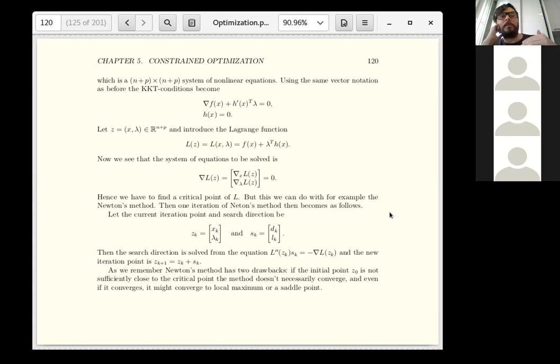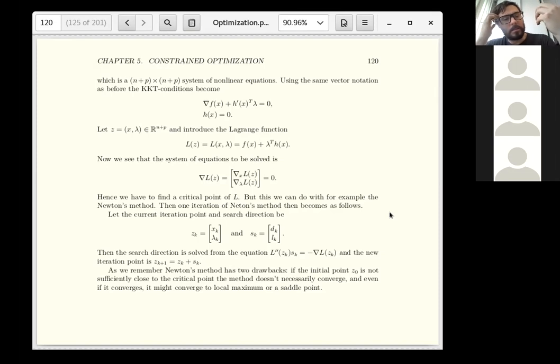This is now one function of several variables, and it's got a scalar value. So it's a real valued function of dimensionality n plus p, from R to the n plus p to the real numbers. And this is minimized when the gradient of the Lagrange function is 0.